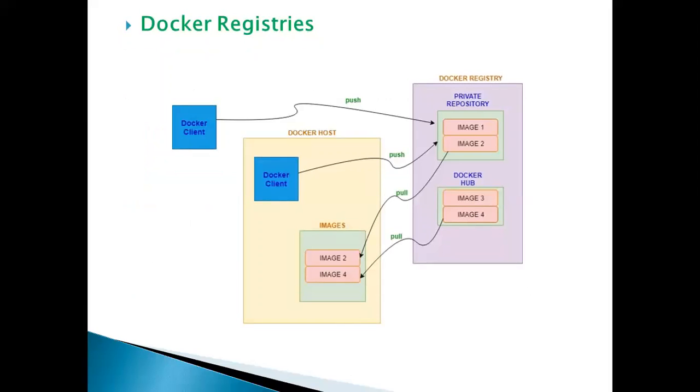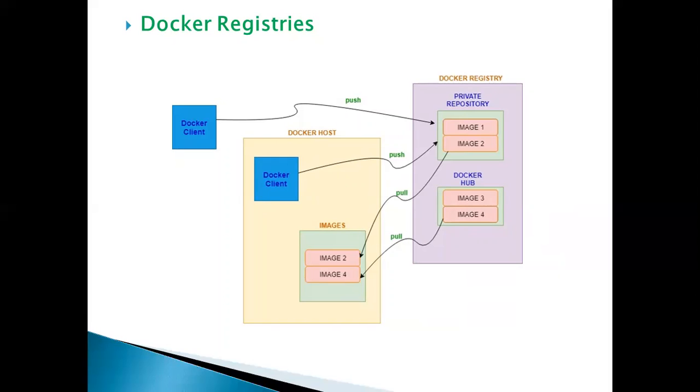Docker registries. As you can see, a Docker registry can be a private repository or a public one. Public is Docker Hub. Anybody can access Docker Hub. Before accessing Docker Hub, you have to create an account there. Then you can import whatever you require from Docker Hub to your Docker host.